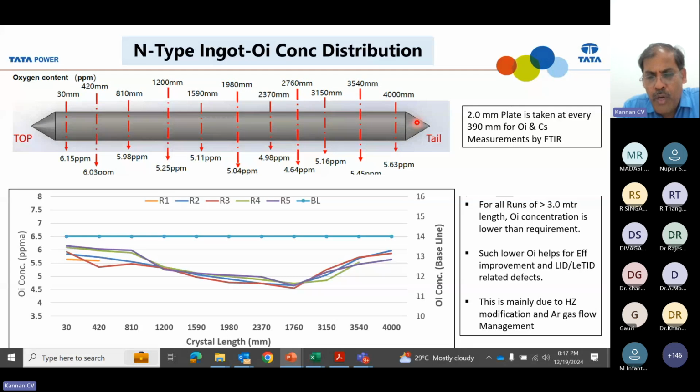When you use boron as a dopant, boron and oxygen will form a boron-oxygen pair, and that will deteriorate the overall minority carrier lifetime. So if you make a solar cell out of this high boron-oxygen concentration wafer, the initial degradation will be relatively higher, which is not required by the end use customer.